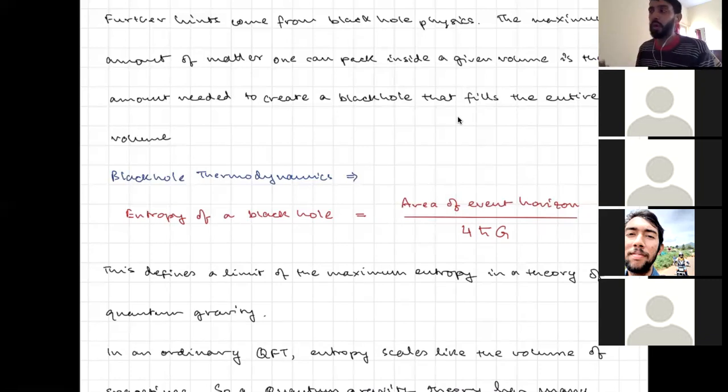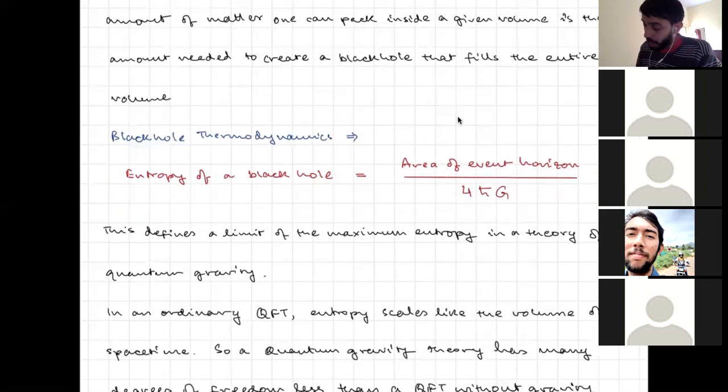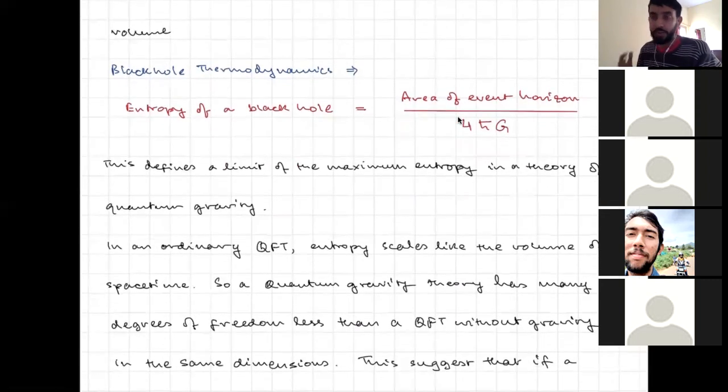If you quantize it in the usual quantum field theory, the entropy scales like the volume of space-time. So now, if there is a theory of quantum gravity, and if there is a quantum field theory, both of them living in the same particular dimension, then the quantum gravity theory has many degrees of freedom less than a field theory.